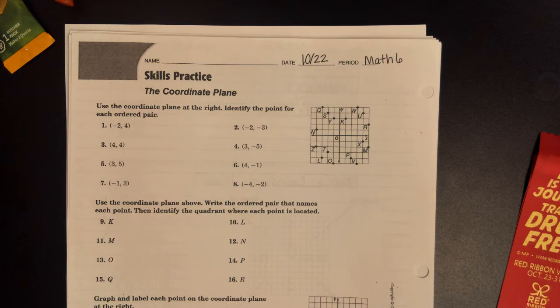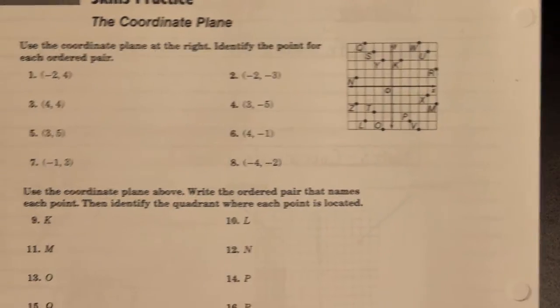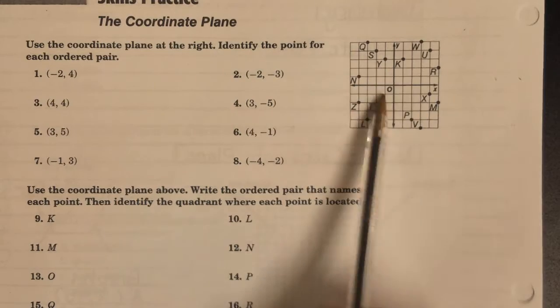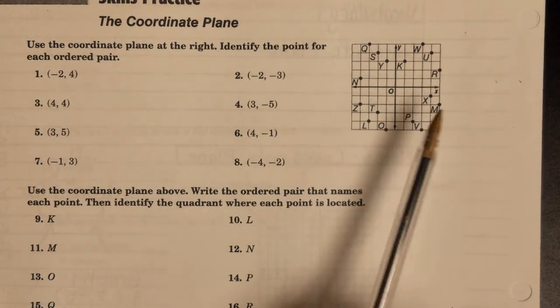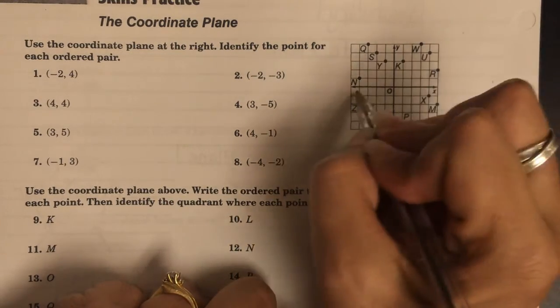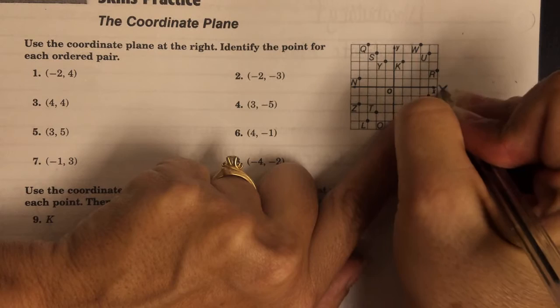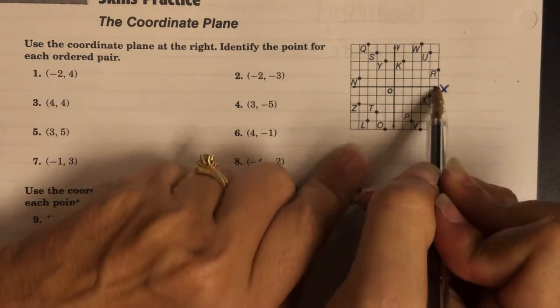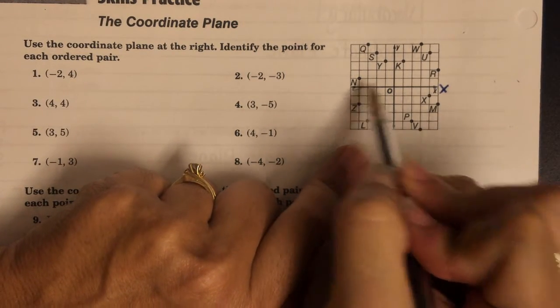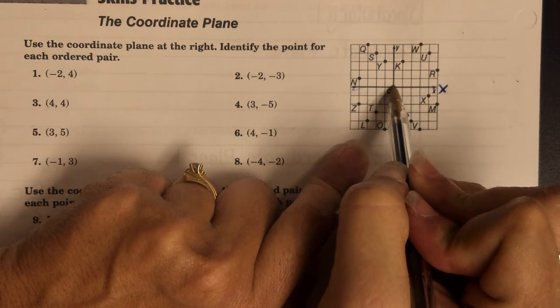So, let's talk. First off, we got this thing called a coordinate plane. All this is, a coordinate plane, is this thing, okay? I need you to notice something, guys. Even though this does not have numbers, this is X, always, and it is all the way across, guys. These are always the positive on X. There is a 0 here.